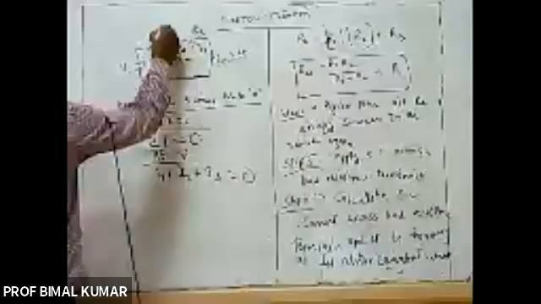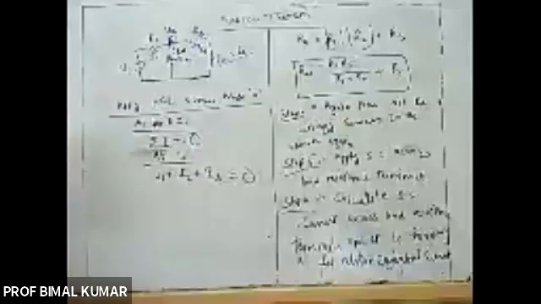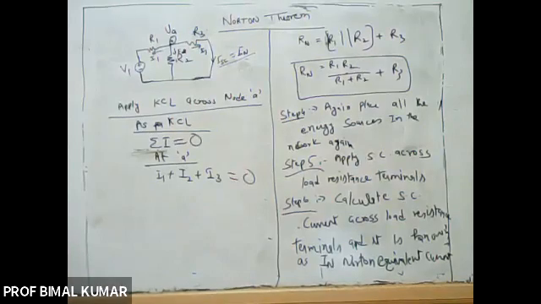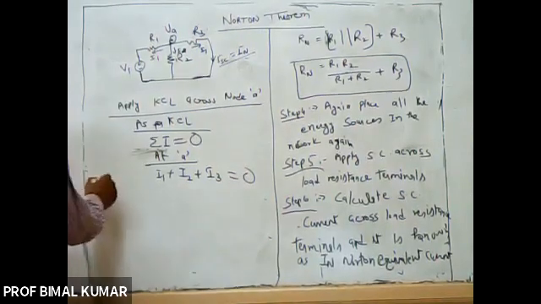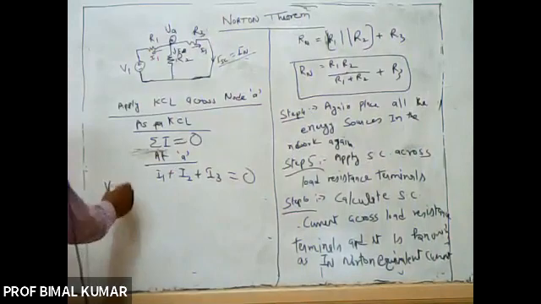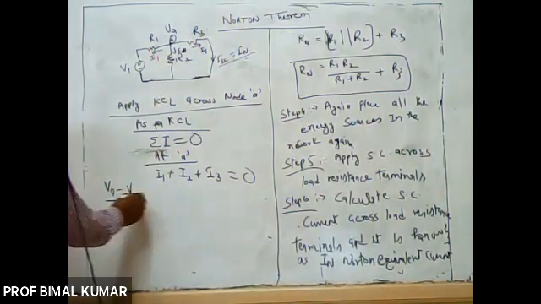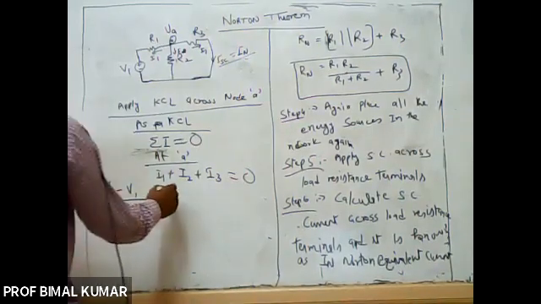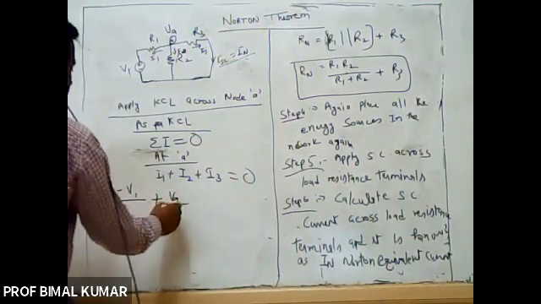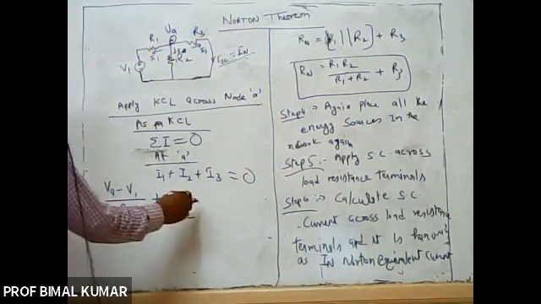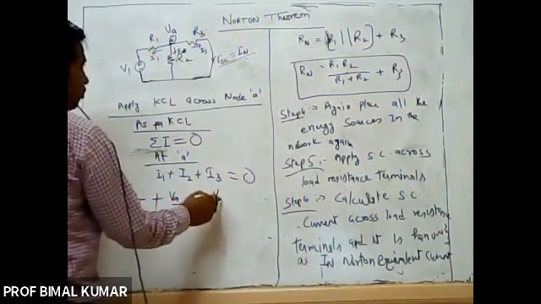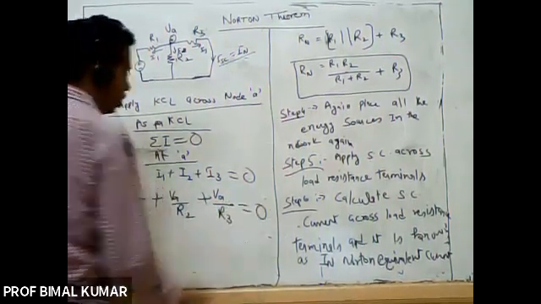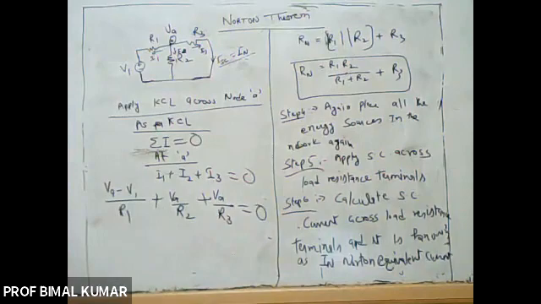Let us say here we are having the voltage VA. So I1 is equal to VA minus V1 upon R1, plus VA upon R2, plus VA upon R3, that will be equal to 0, right?